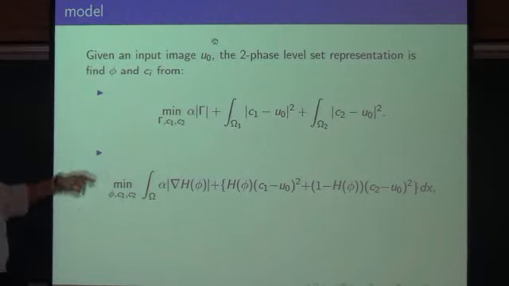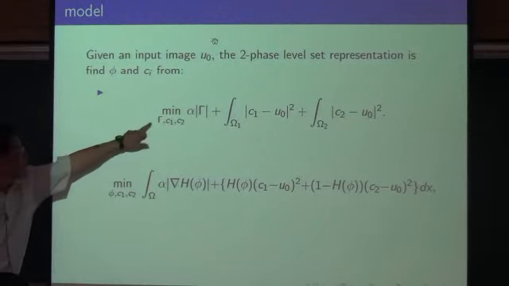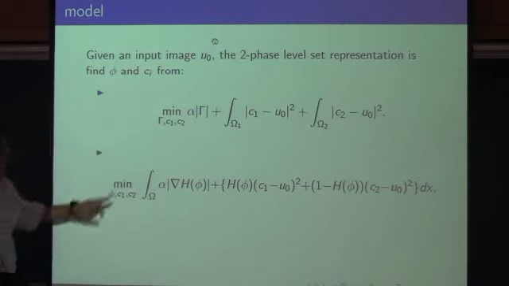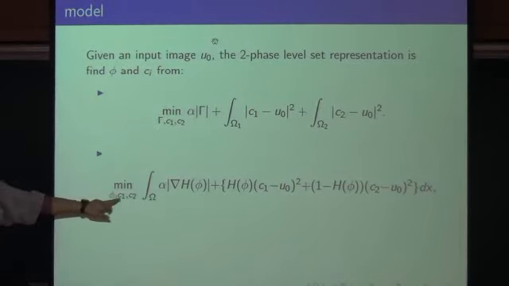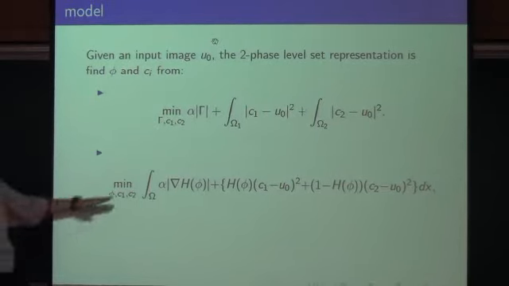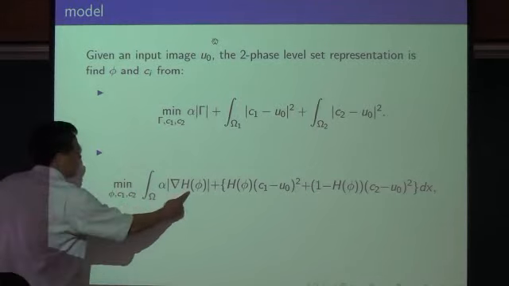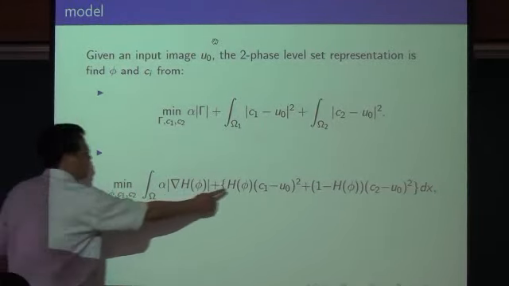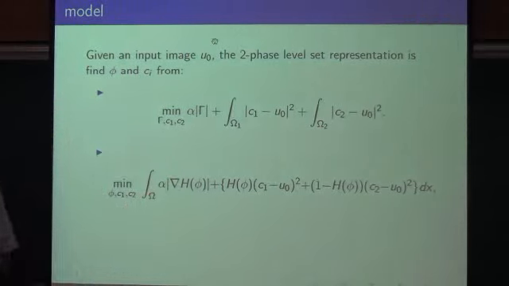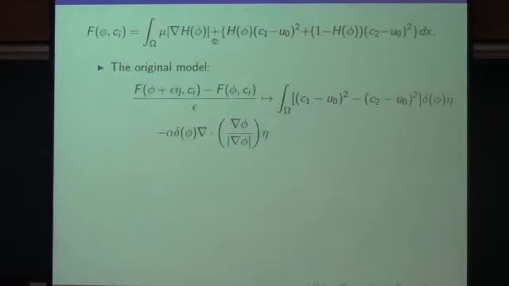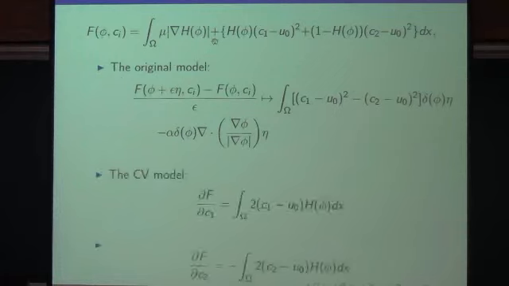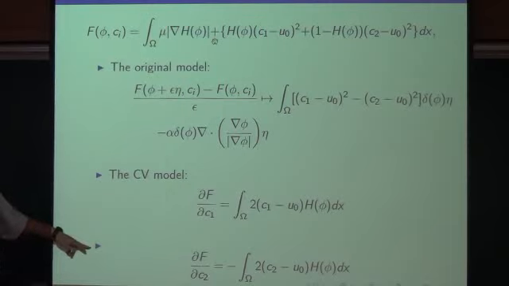By just such a simple replacement, the original very difficult minimization with gamma is replaced by an easy minimization with phi, C1, C2. So this function is easy to minimize with phi as well. In numerical simulation, you mostly smooth the Heaviside and find out the Euler-Lagrange equation. Here C1, C2 is easy to calculate.